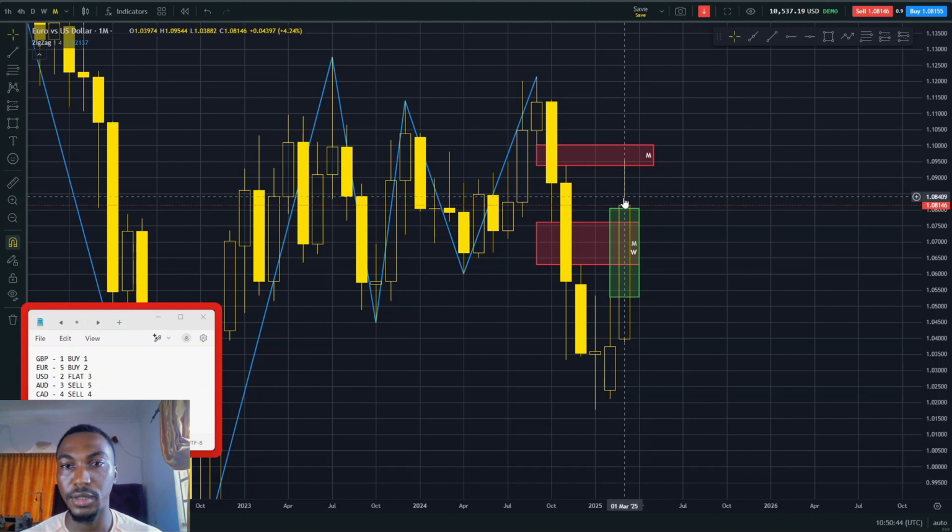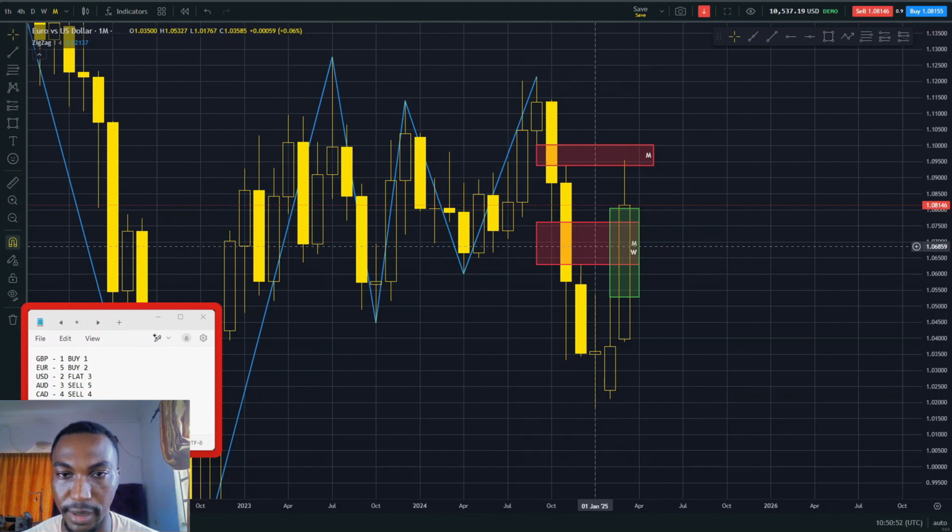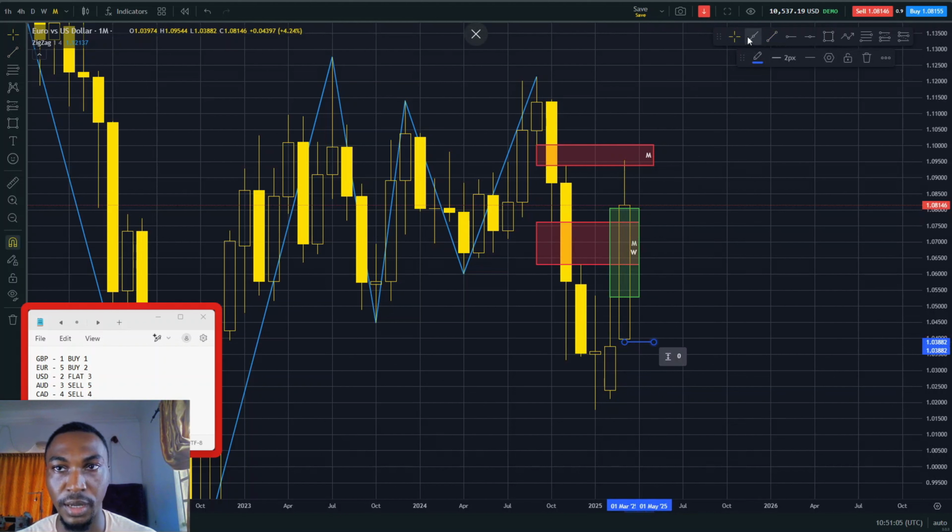If this month should end up closing within this red box right now, then I'll start to look more for a bearish situation, for price to find its way all the way down here first, and then possibly here next, and then here next.